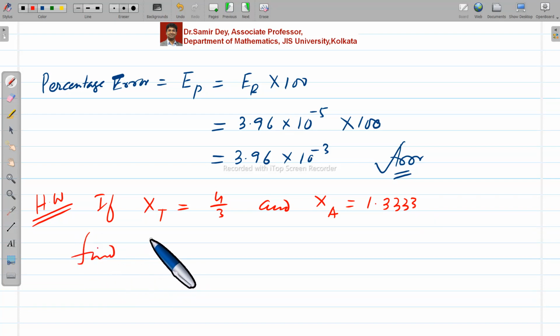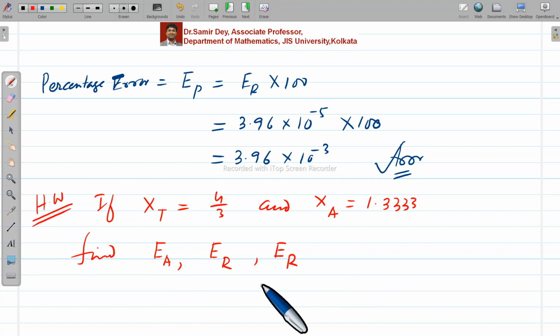Find the absolute error, relative error and percentage of error. Clear? Just follow line by line and you can find the answer. Is it clear to all of you?